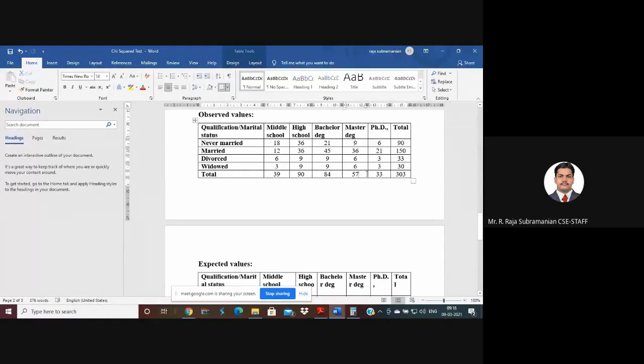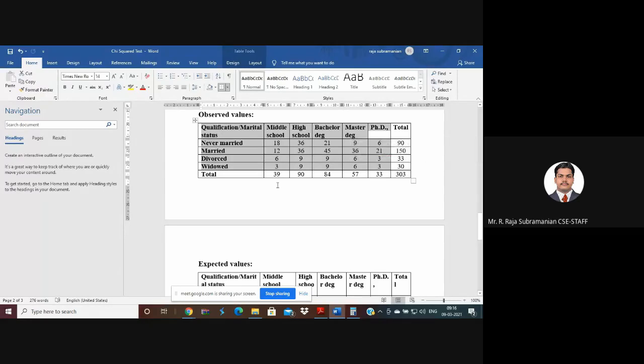So we have to say whether there is a relationship between marital status and qualification. The null hypothesis, as given in the question, says that marital status and qualification are not related. Then the alternate hypothesis says that there is a relationship between marital status and qualification. So in the question you will be getting only up to this.